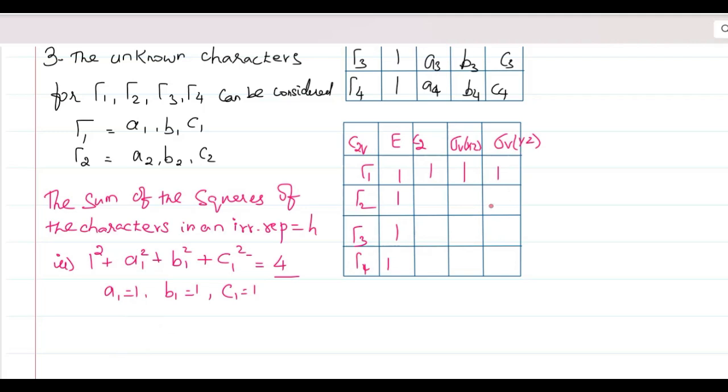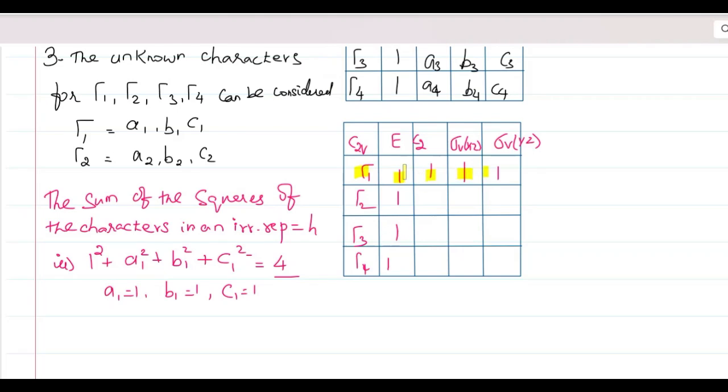To make a note, for any point group there should be one irreducible representation which is symmetrical to all the operations.